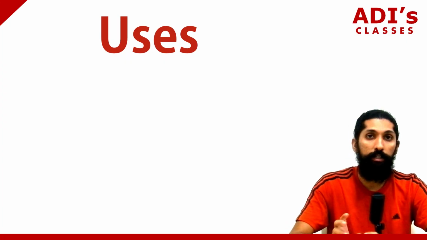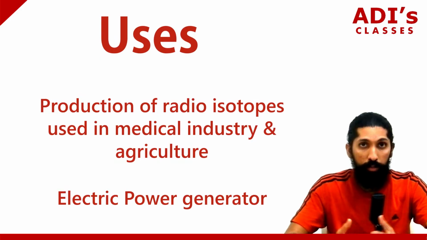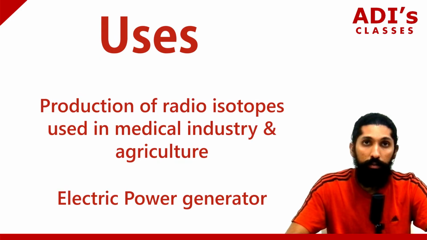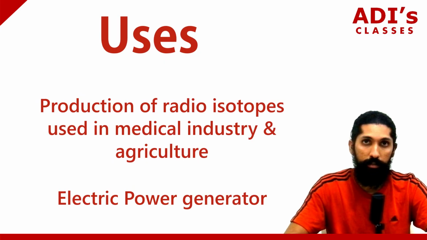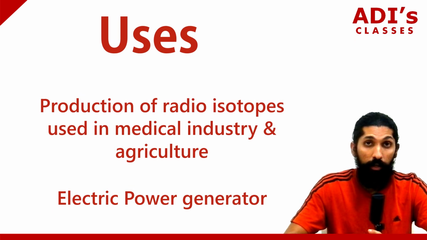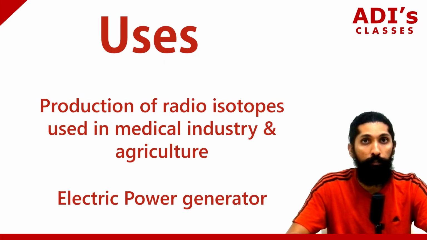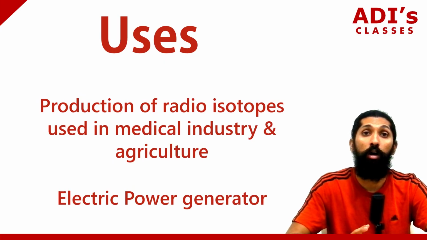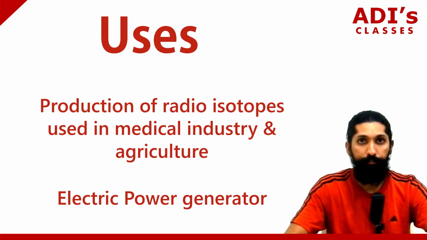Nuclear reactors are used to create radioisotopes, and these radioisotopes are used in many places, like in medicine, in agriculture, in industries, and so many places. And like I told, for power generation, they can produce a lot of power. That's the main job of a nuclear reactor.